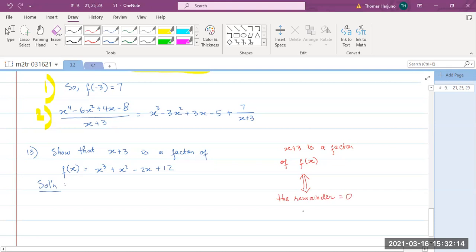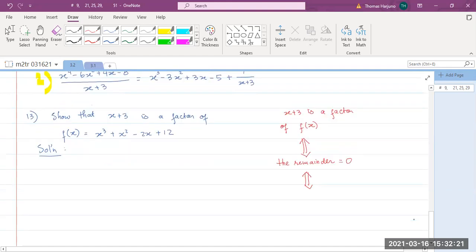Now, if the remainder is 0, then according to the remainder theorem, f of negative 3 is 0. By the way, according to our definition, it also means that negative 3 is a zero of f(x).